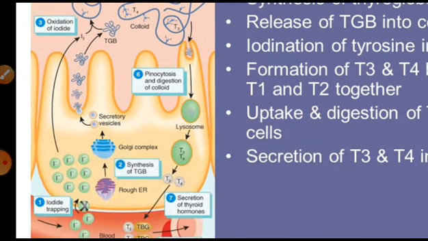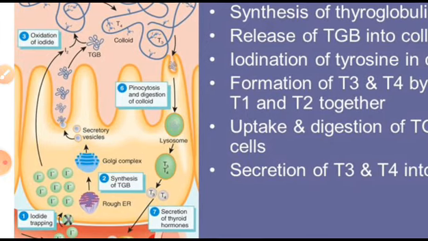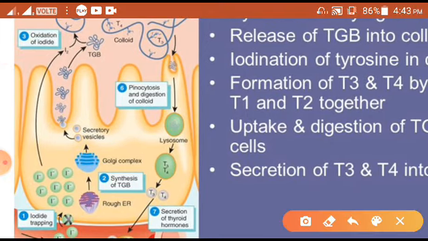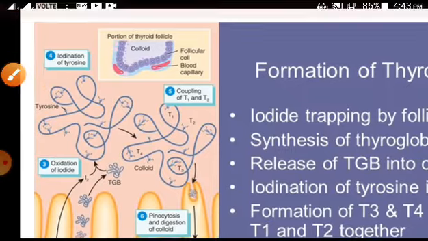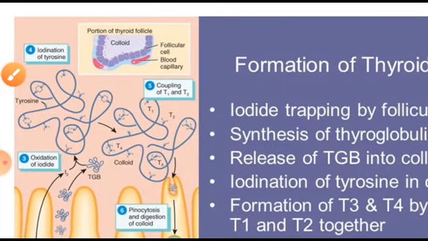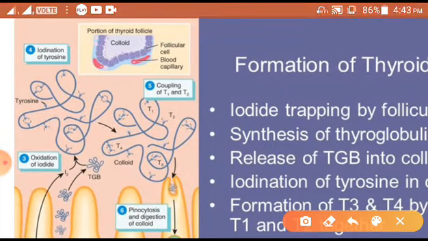Now in this process, I already told you that iodine has been trapped in and thrown into the lumen. Then thyroglobulin has been formed and thrown into the lumen, where all this gets clubbed together.